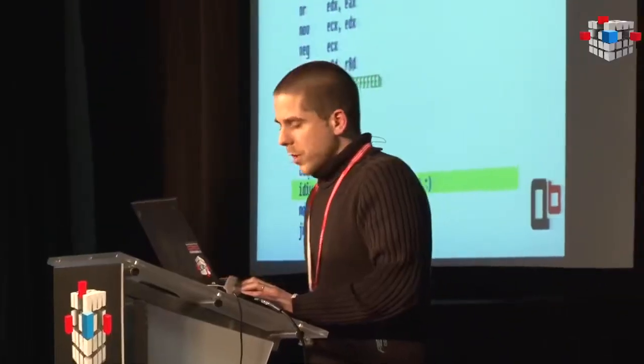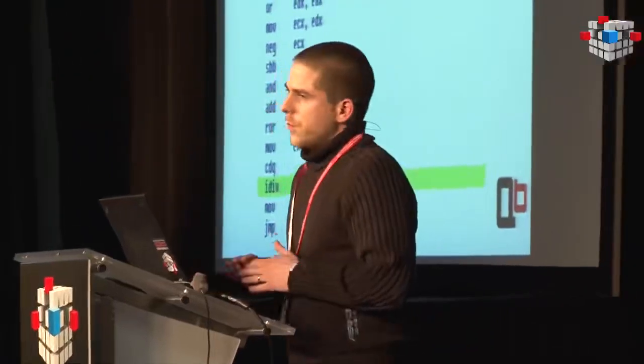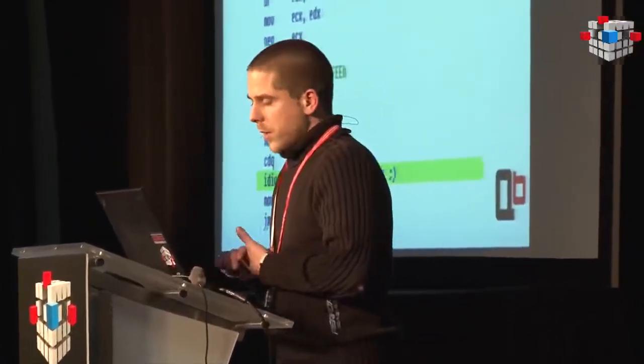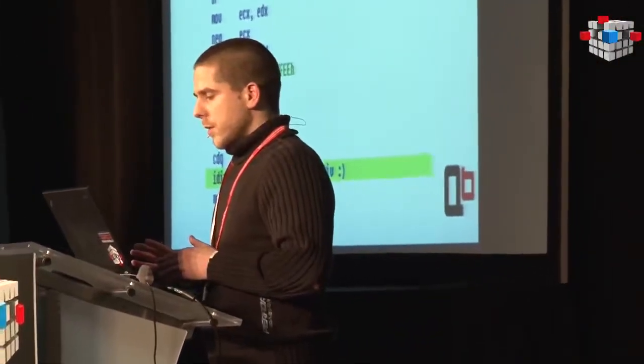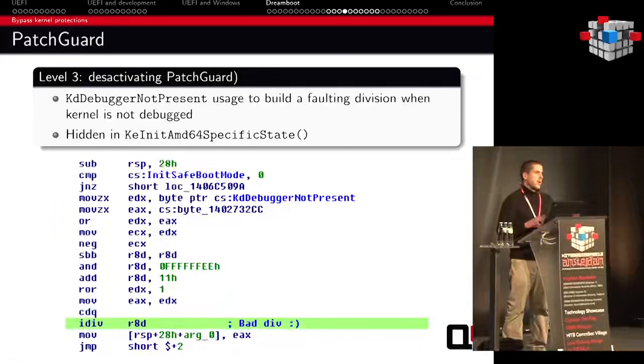PatchGuard is activated only on kernels which are not debugged. So in fact, Microsoft implemented a specific trick which relies on a faulting division. When the kernel is not debugged, the division fails, an exception is thrown, and a handler catches it and launches the PatchGuard initialization process.